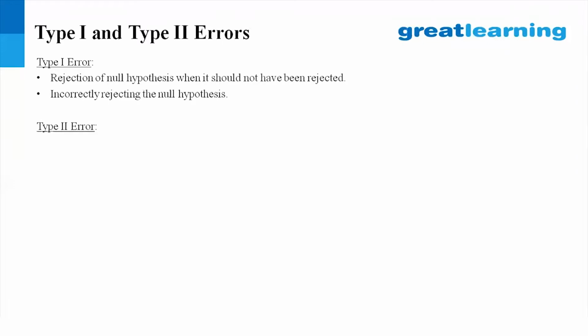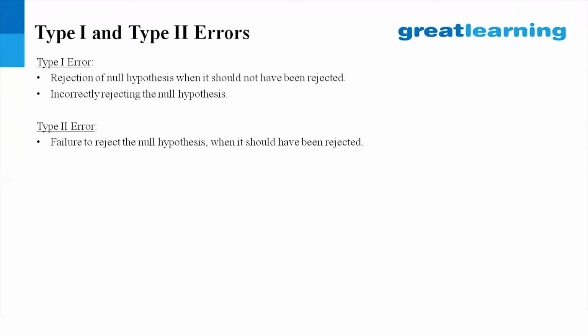The type 2 error is the opposite of it. This is when you should have actually rejected the null hypothesis, but you are failing to reject it. So in the case when you got a mean of 600.4 and you say that I am failing to reject the null hypothesis, say in the population the actual mean was 605, wherein in the sample you got it to be 600.4.